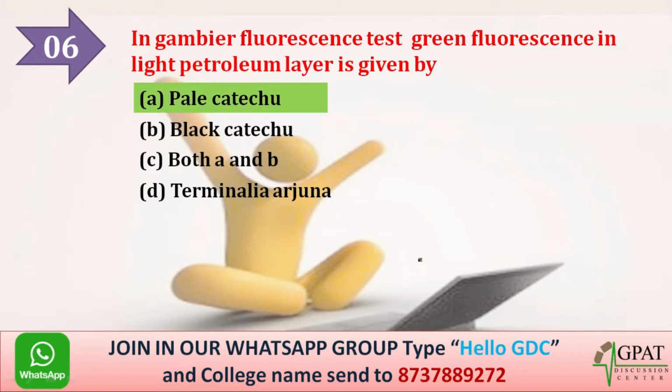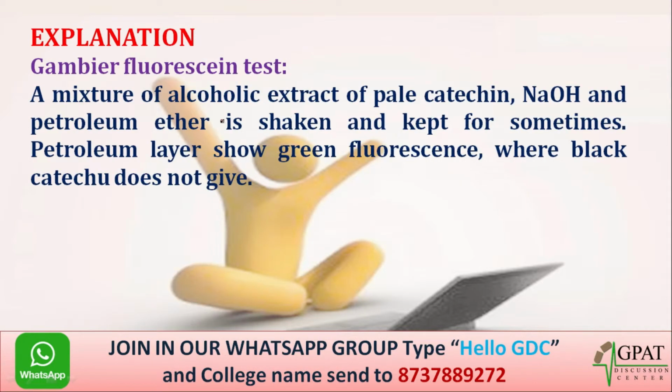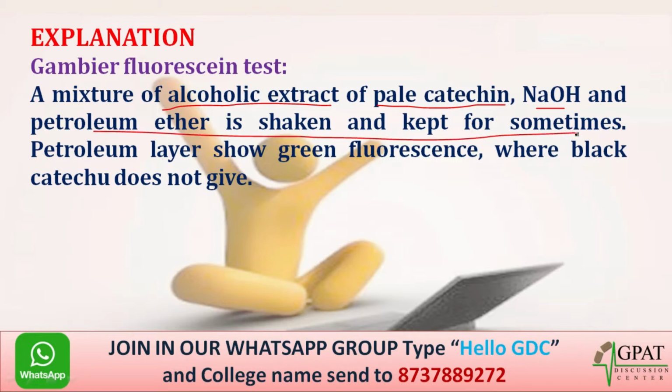The correct answer is pale catechu. In the Gambier fluorescence test, green fluorescence in light petroleum is given by pale catechu. So let's discuss how pale catechu gives a green fluorescence in the light petroleum layer. In this test, a mixture of alcoholic extract of pale catechu, NaOH and petroleum ether is shaken and kept for some time.